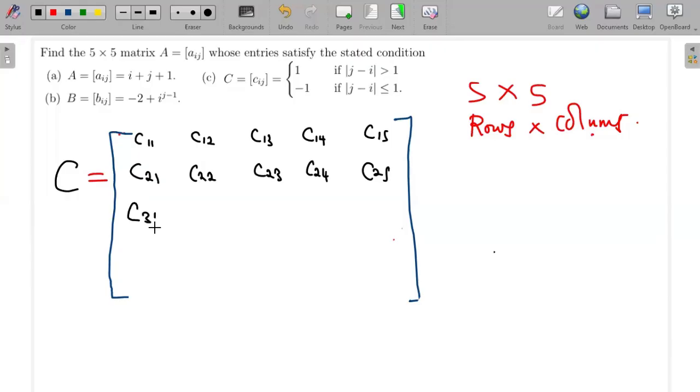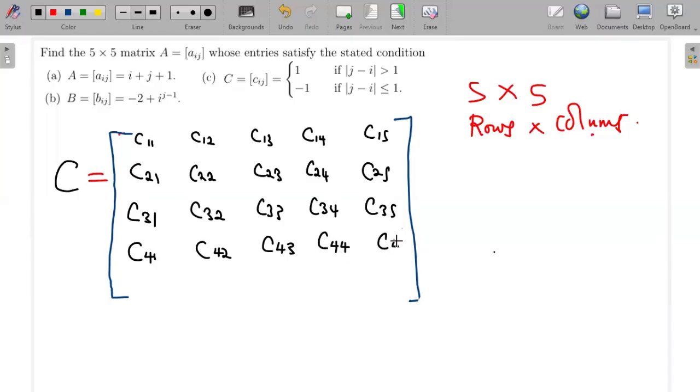Third row, C31, C32, C33, C34, C35. Then C41, C42, C43, C44, C45, C51, C52, C53, C54, C55. Okay, so those are our entries for this matrix.